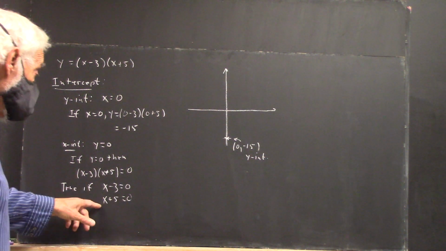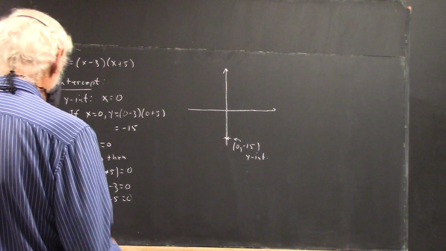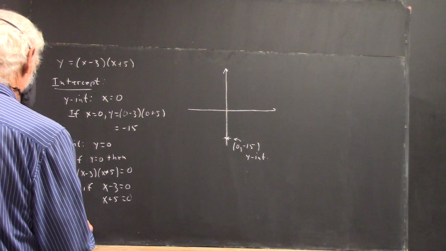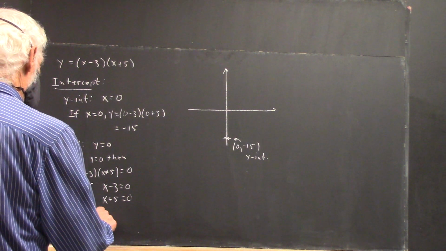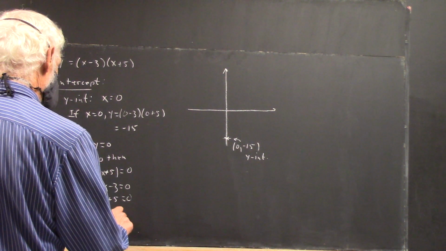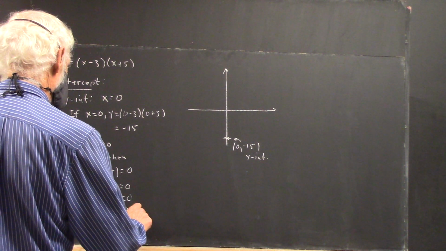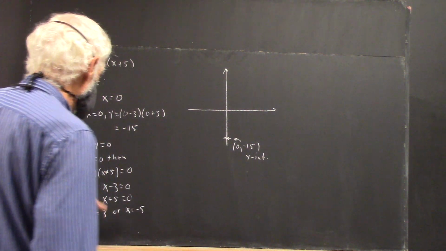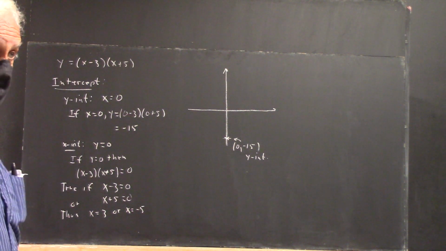So we can solve x minus 3 equals 0 and x plus 5 equals 0. And we get x equals 3 or x equals negative 5.